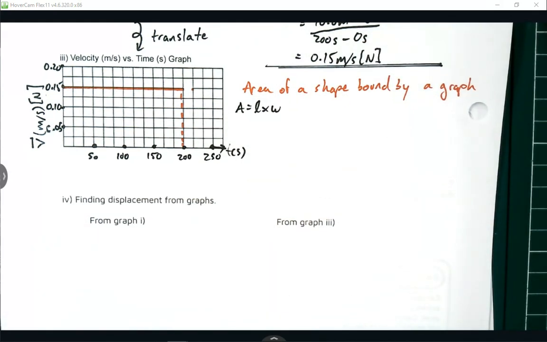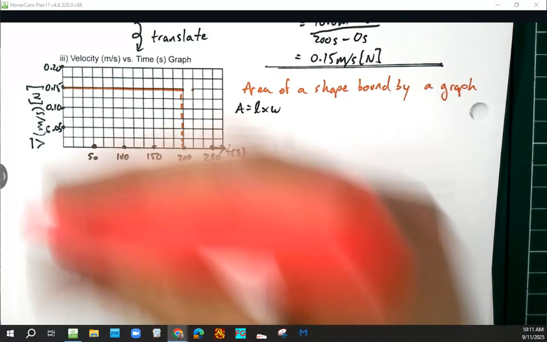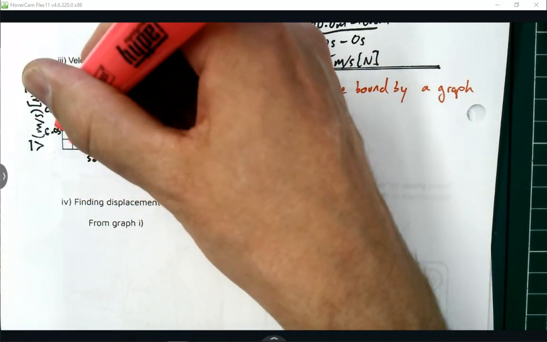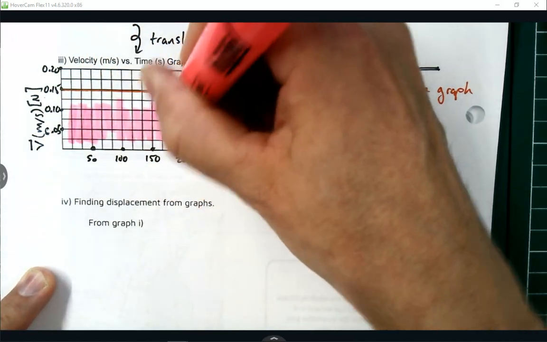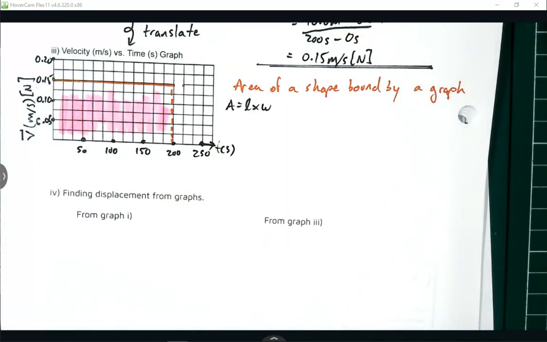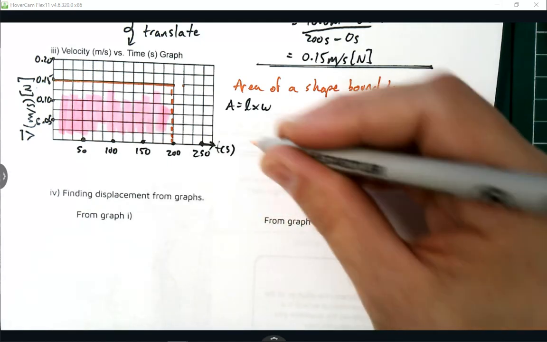And if you're not sure what rectangle I'm talking about, let's just make it pop with a highlighter. We're talking about finding this area, this rectangle. That's the area that we're trying to find, length times width. Now, we wouldn't call it length times width, we would use appropriate variables, but let's come back to that in a second. Let's talk about units first.